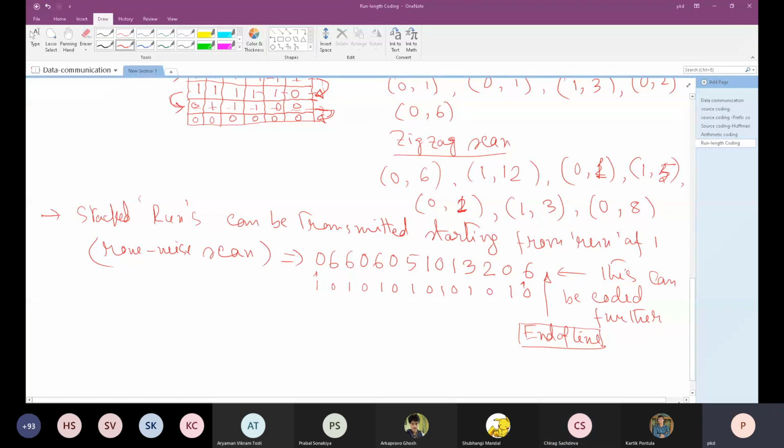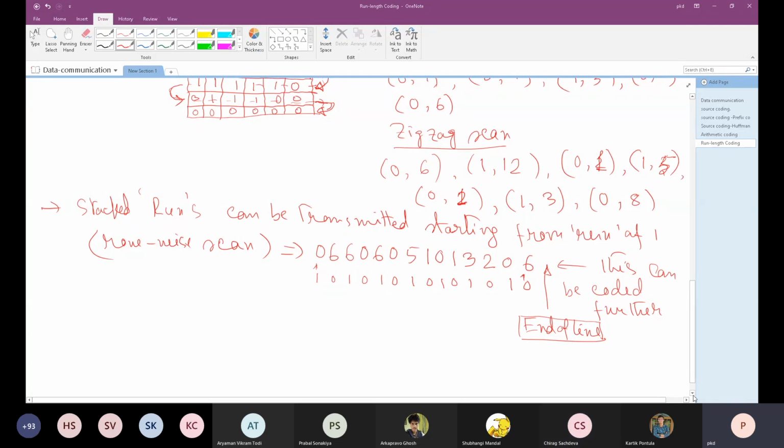There are certain advantages and disadvantages from the data management point of view. Usually images are not small, they are very large. So often those zigzags may give apparently better efficiency, but this number is growing. So we have to put a good amount of bit budget to transmit this number.